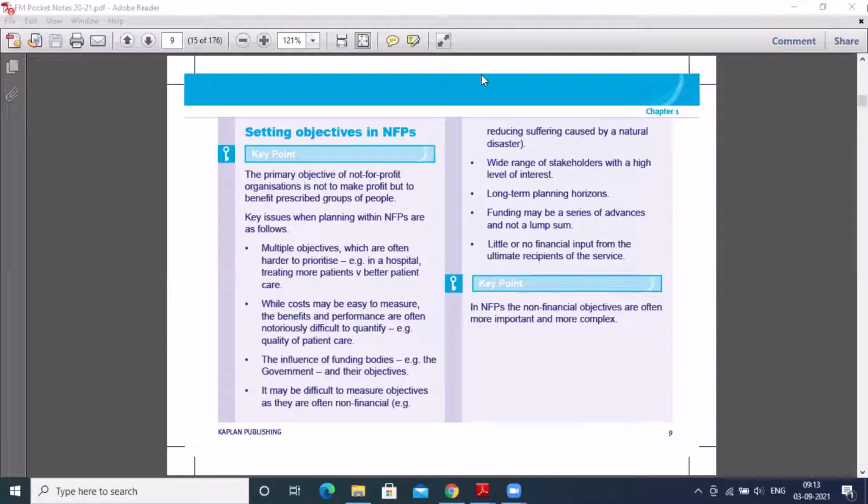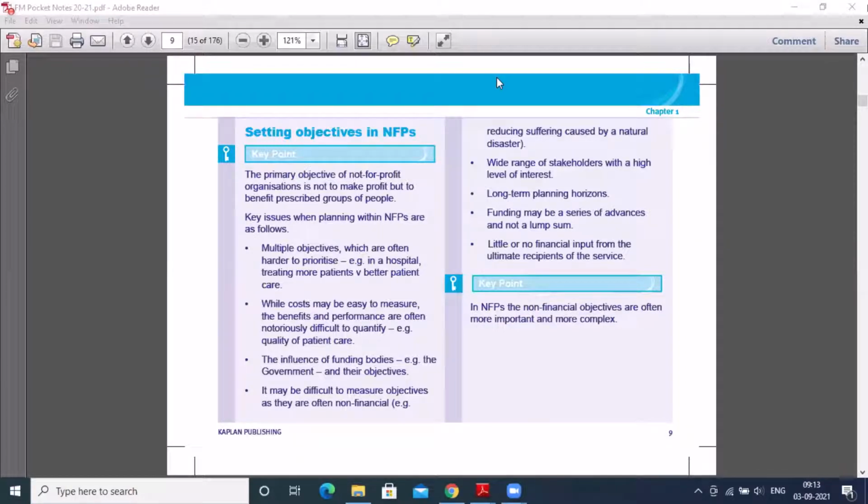So optimizing the expenses or effectively utilizing the financial resources can be considered a financial objective of this not-for-profit organization. But the major role is played by the non-financial objectives. And as I mentioned, practically there are certain obstacles which might cause an issue in measuring the non-financial objectives. So these are certain key issues which are to be considered for a not-for-profit organization.